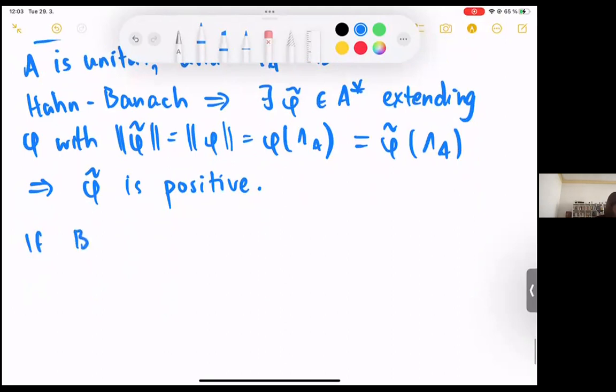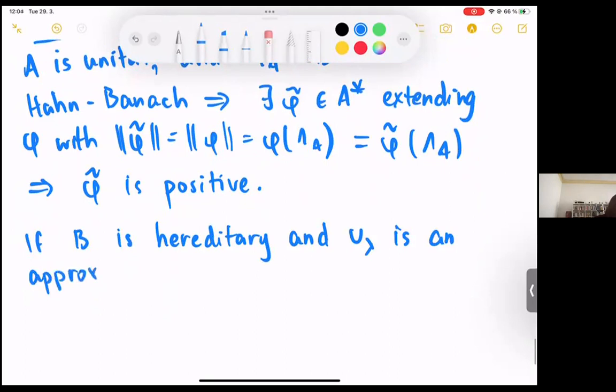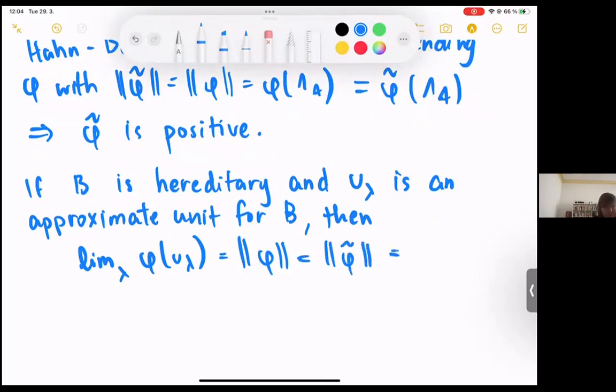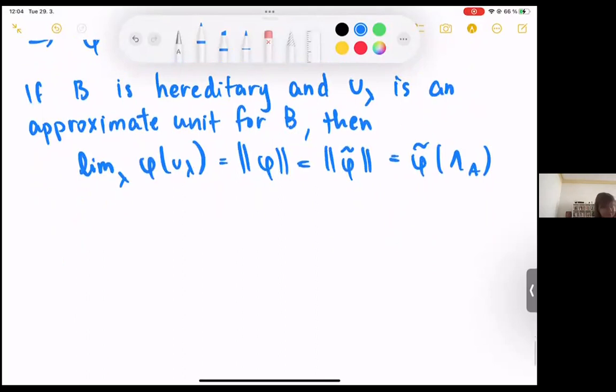Now, if B is hereditary, and this is an approximate unit for B, then this is equal to the norm of phi, which is the norm of our phi tilde, which is phi tilde of 1_A, or perhaps A tilde if it wasn't unital to begin with.